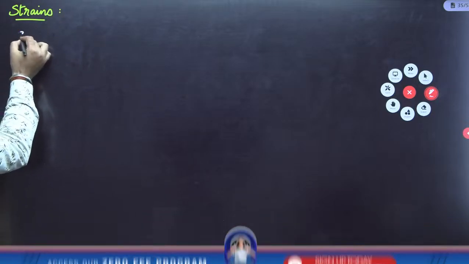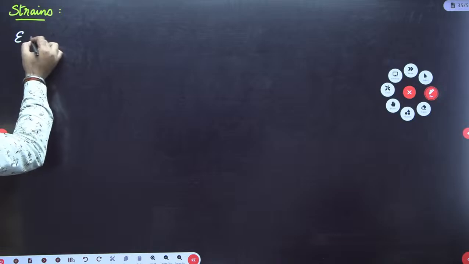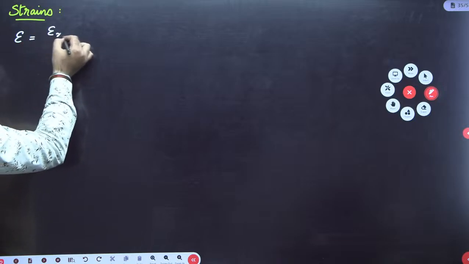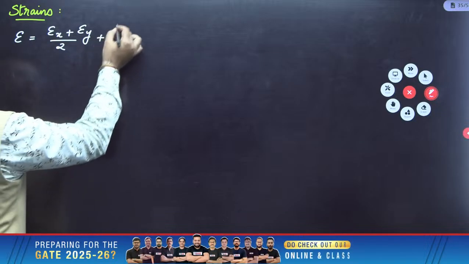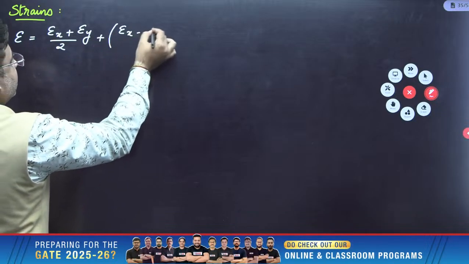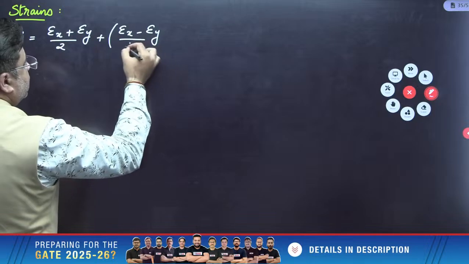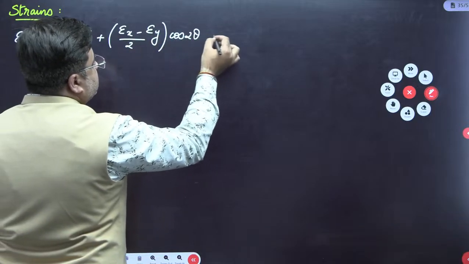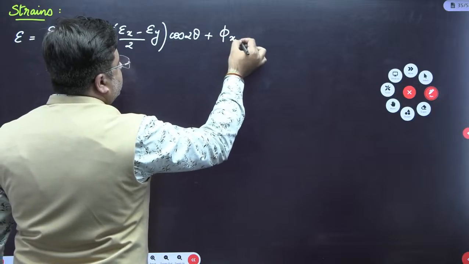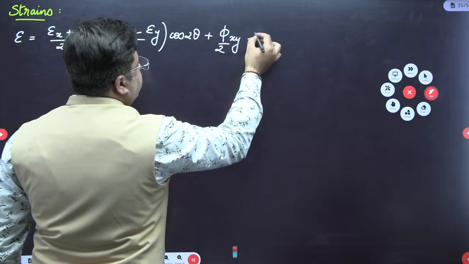Normal strain on the oblique plane is equal to epsilon x plus epsilon y by 2 plus epsilon x minus epsilon y by 2 into cos 2 theta plus phi xy by 2 into sin 2 theta.